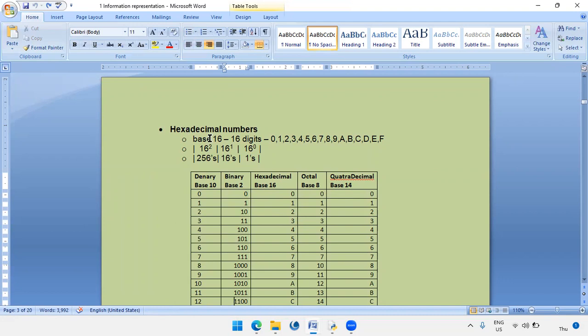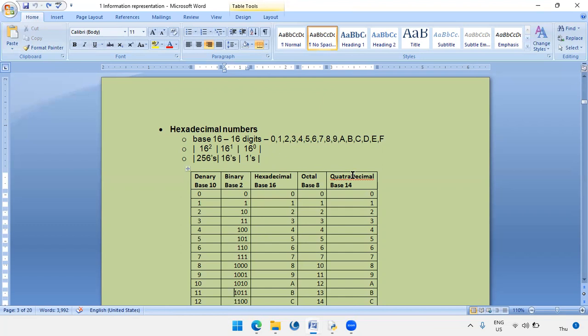So 6 and 10, 16. So the base is 16. Therefore, there are 16 digits. Like a man with 16 fingers, and similarly the earlier one, binary, a man with 2 fingers. If you want to count, start counting. Here what happens is 0 to 9.